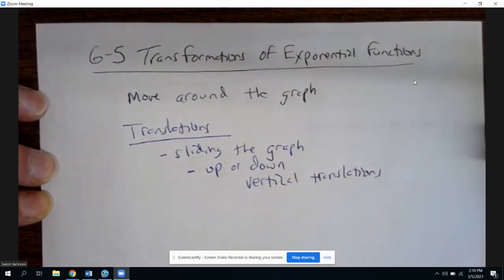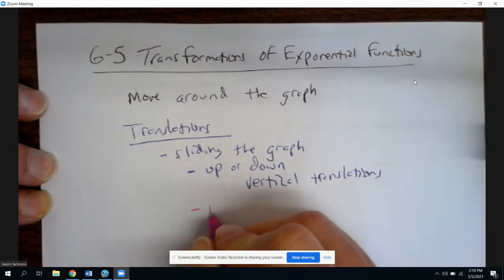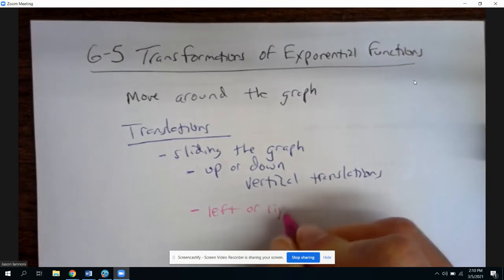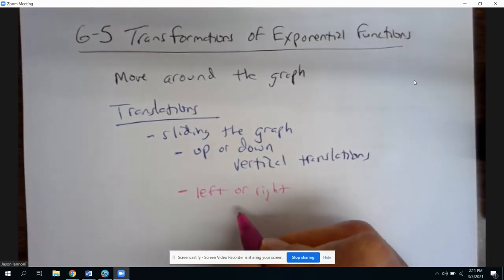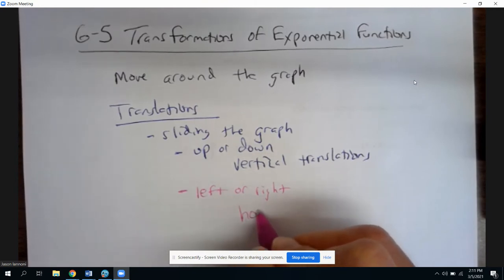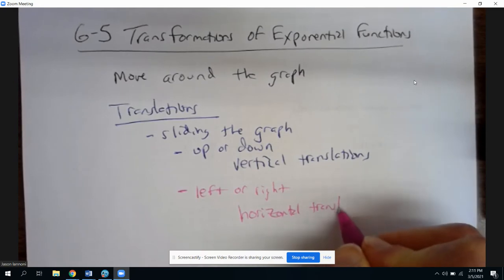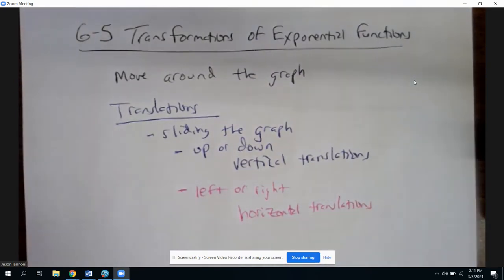The other possibility is left or right. When we talk about left or right translations, we're talking about horizontal translations. So just sliding it, it's going to look exactly the same.